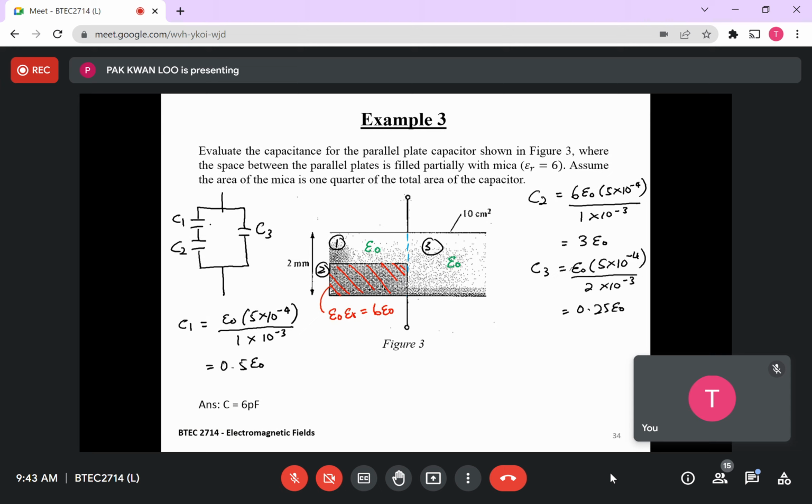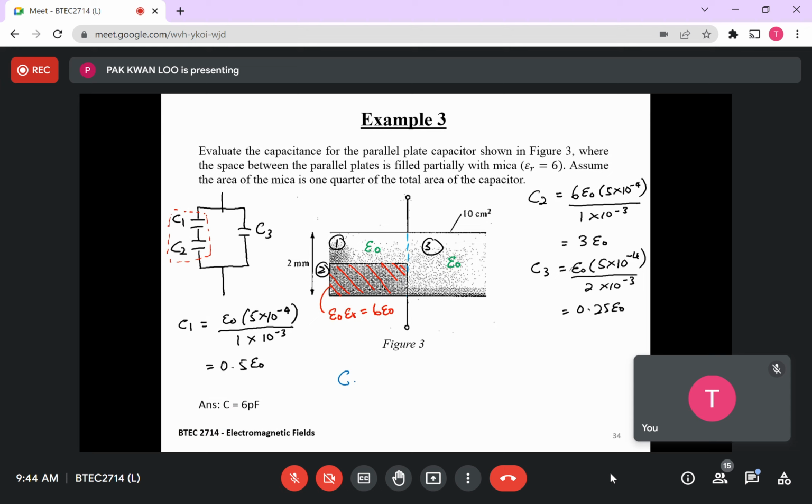So first we will calculate the capacitors in series. Let's label the total capacitance in series C12.